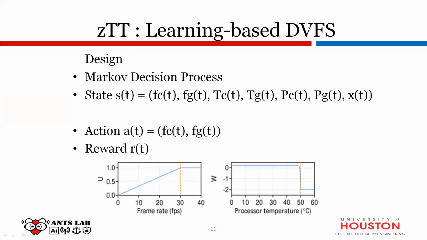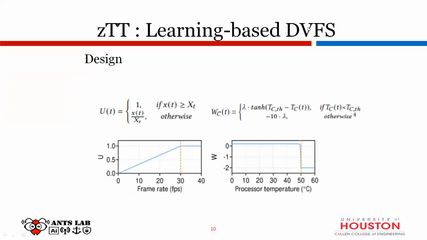And to get into more details, this is based on a Markov decision process. Sorry, could you go to the previous page? Yes. For this one, the U_t I can understand, but for the W_t, where does the 10 come from, the negative 10? The 10 is predefined.